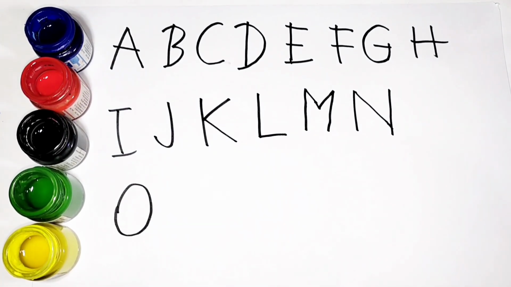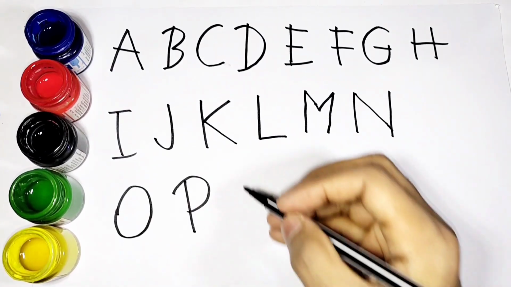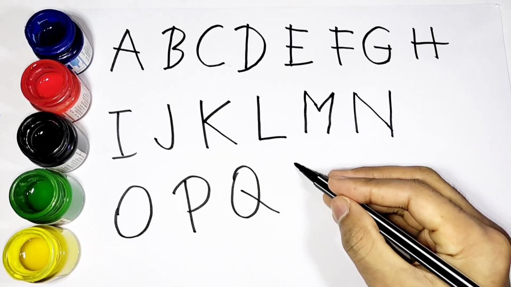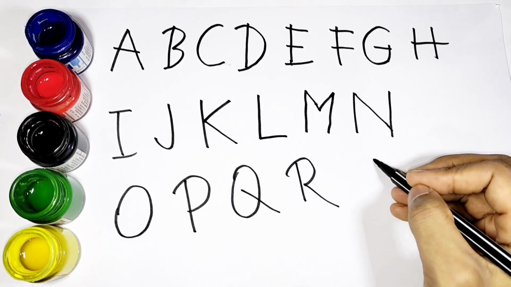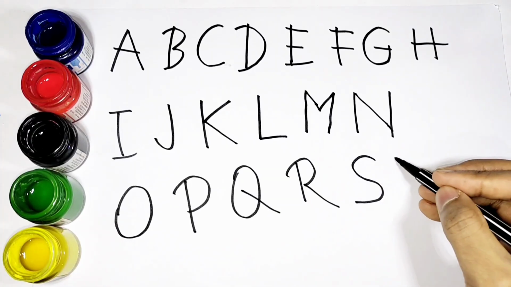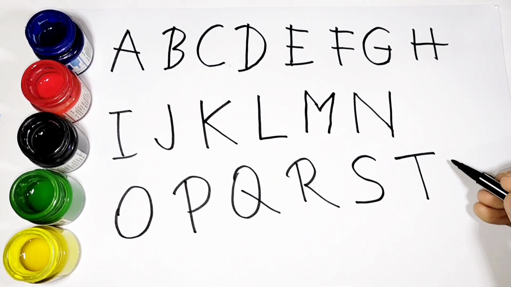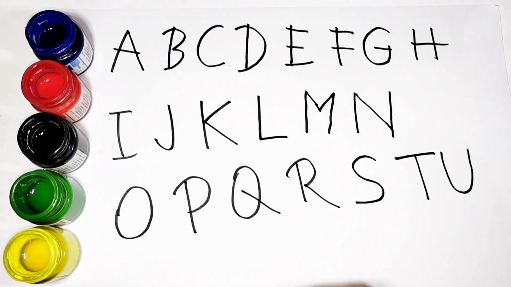O for octopus. P for parrot. Q for queen. The next one is R for rose, R for rice. S. T. Kids, now we'll draw U. U for umbrella.